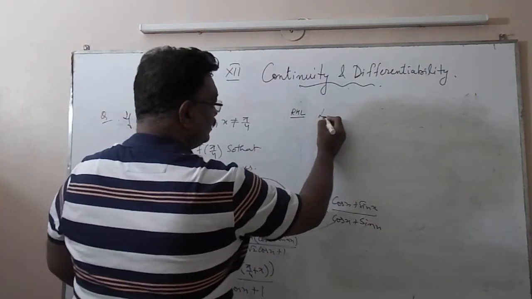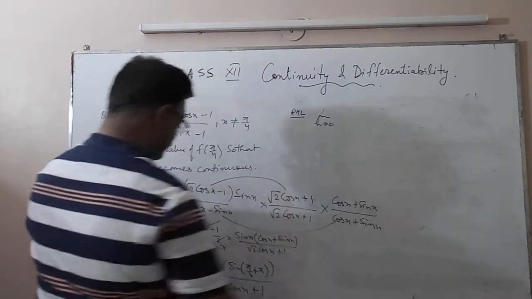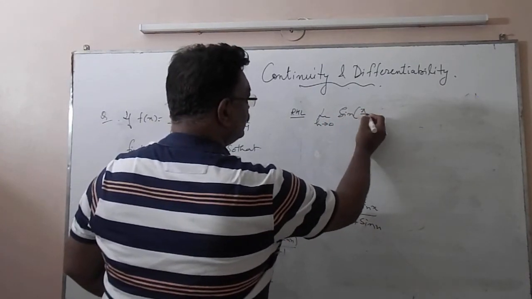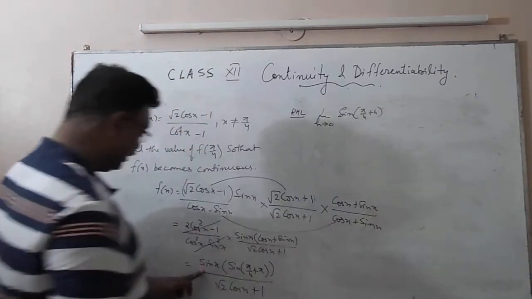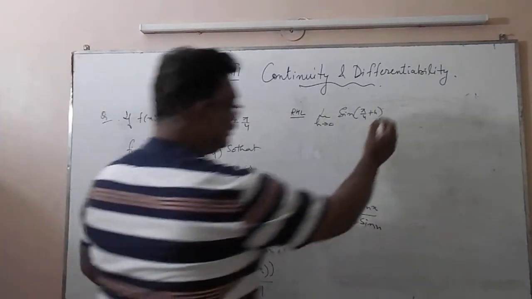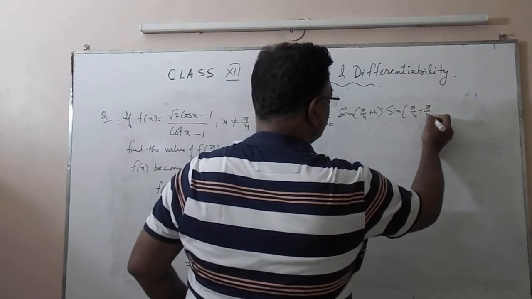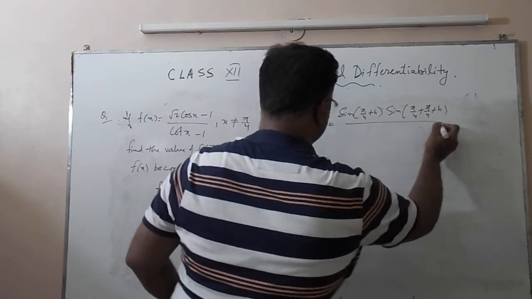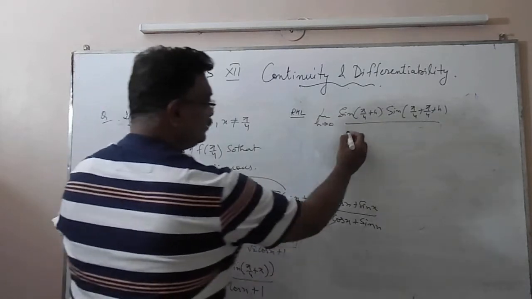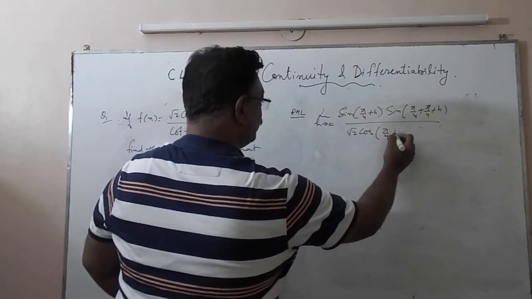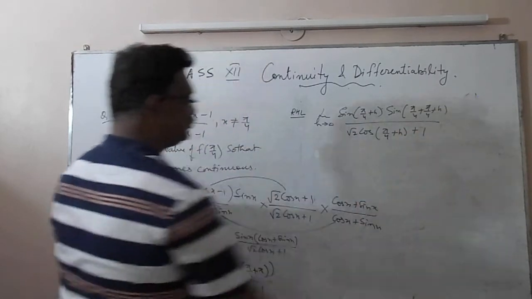It will be limit h tending to 0 sin pi by 4 plus h. In this case it will become sin pi by 4 plus pi by 4 plus h upon root 2 cos pi by 4 plus h plus 1.